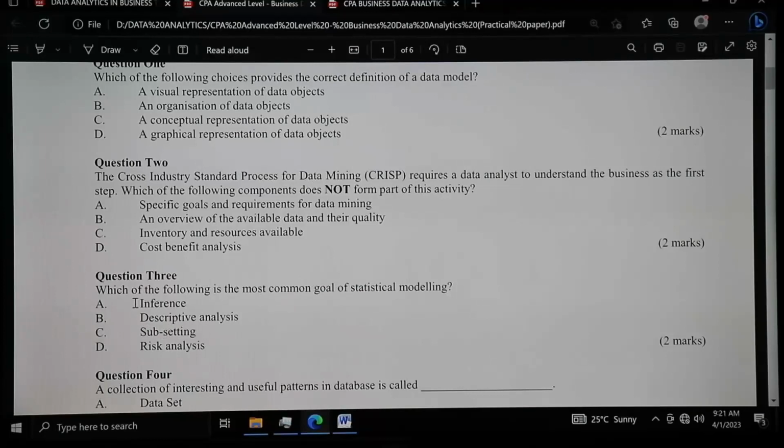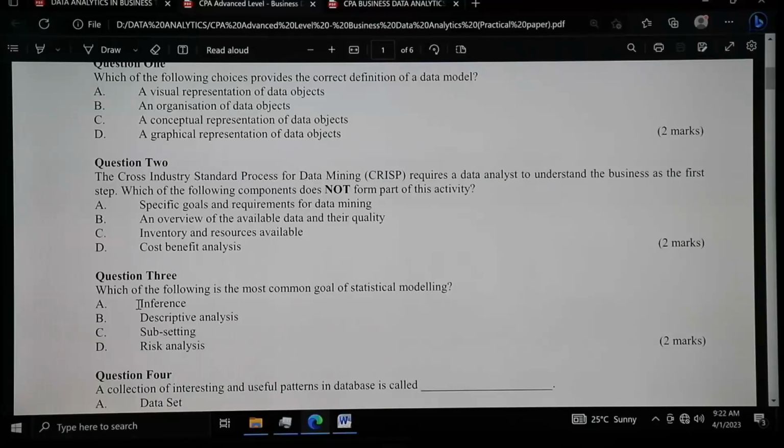Statistical modeling here refers to analyzing the data after running a statistical analysis. Whatever you are given, we have descriptive analysis, we have the subsetting and risk analysis. If you check those three, you find all of them are connected to statistical modeling.